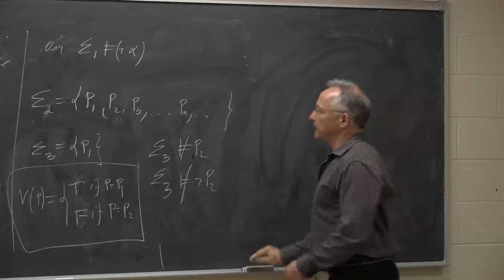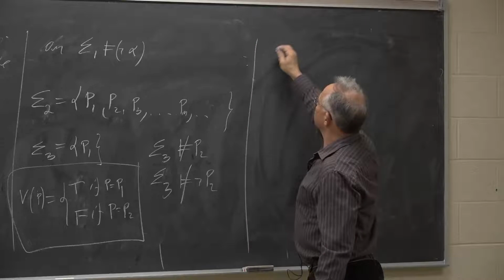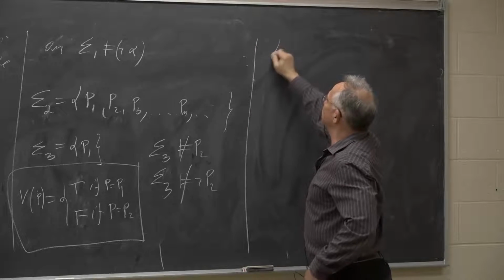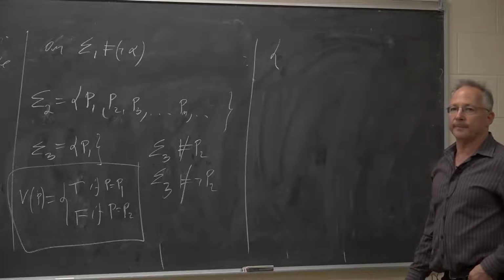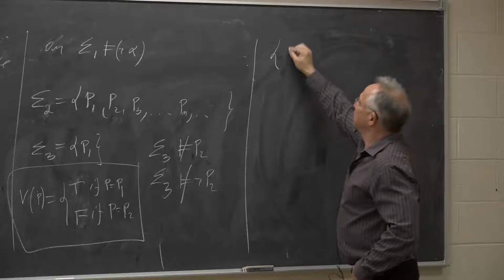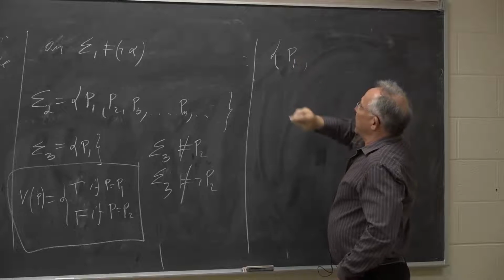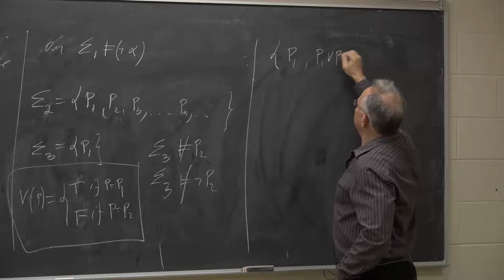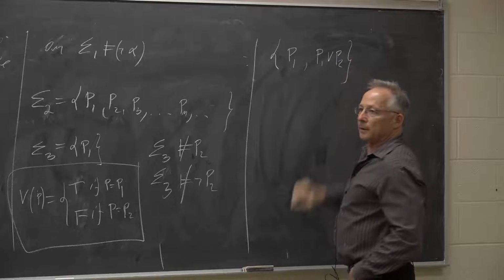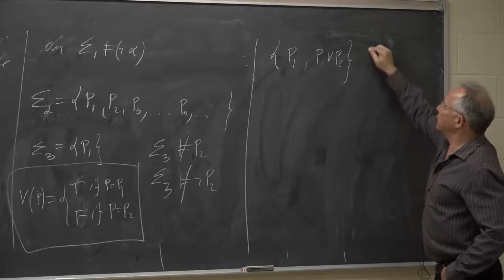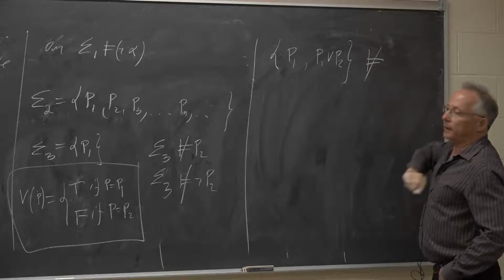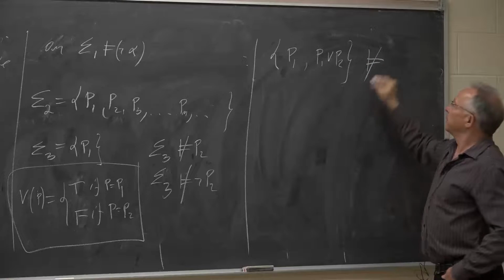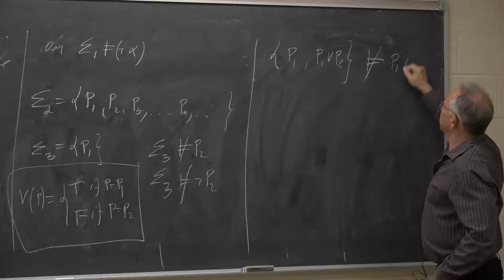So here is another example. I claim that if my sigma is P1 and P1 or P2, it does not logically imply P1 and P2.